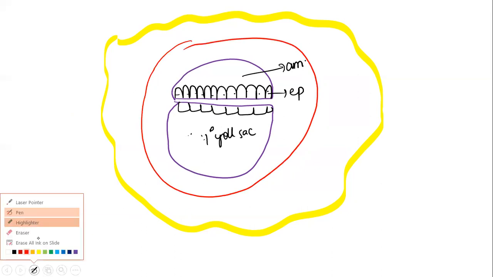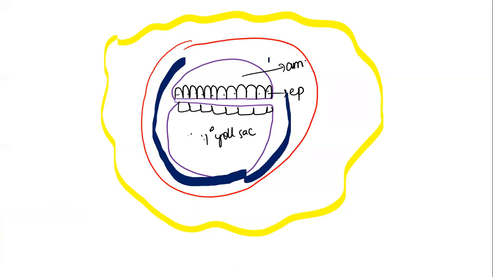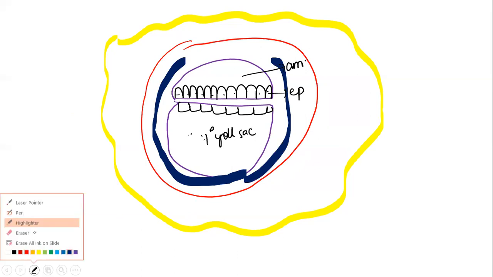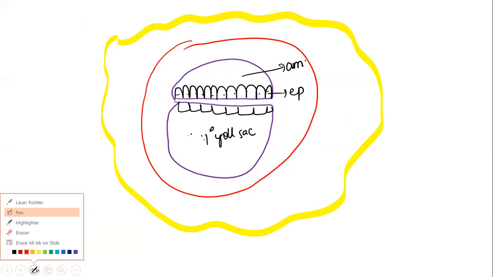Now, I told you there is a layer of mesoderm formed between the cytotrophoblast and the primitive yolk sac. Some cavities are formed. Just imagine what happens when the cavities are formed. I'm going to draw this again.